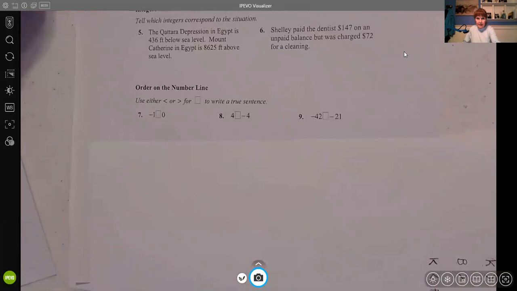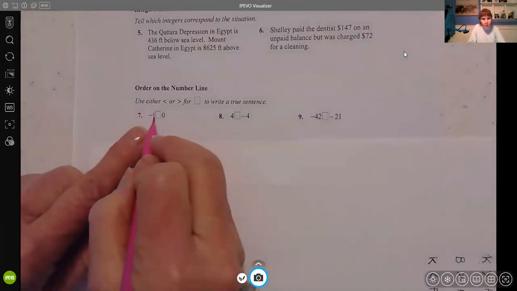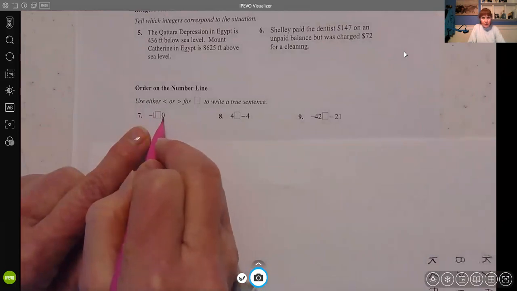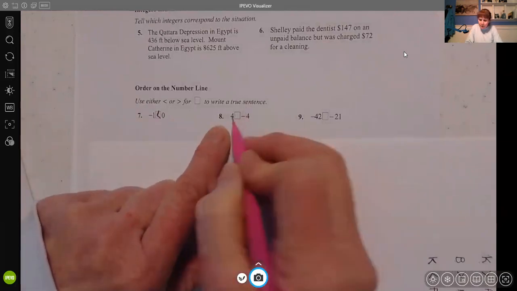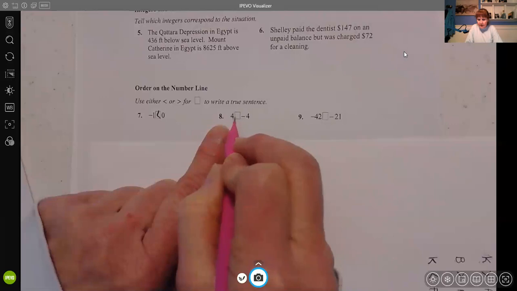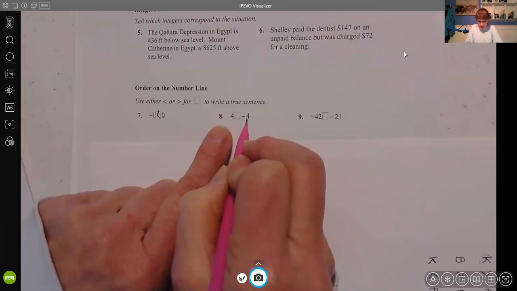The same idea now. Think of a number line. A -1 is to the left of the 0, so it's less than. Here, 4 is to the right of a -4 on a number line.